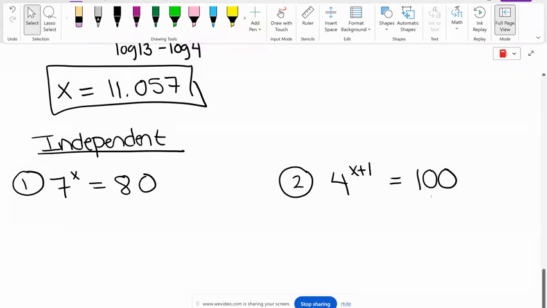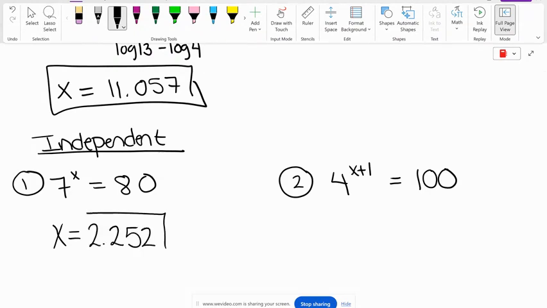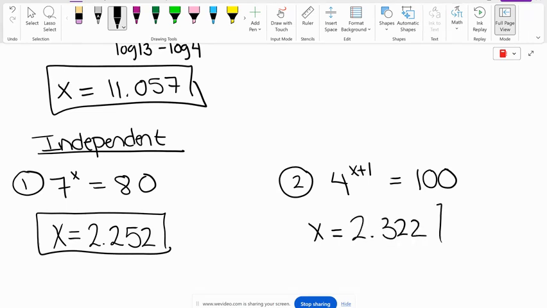For the first one, what did we get x to equal? Leah? 2.252. Perfect. For the second one, somebody tell me, what did you get for x? 2.322. Good, 2.322. Does anybody need me to do either one of these?